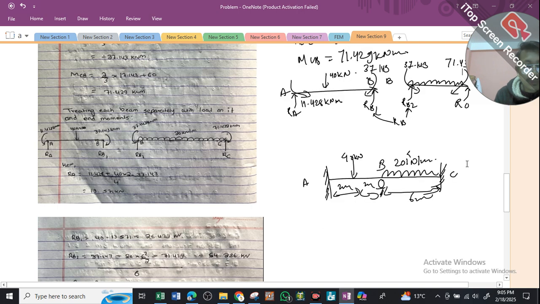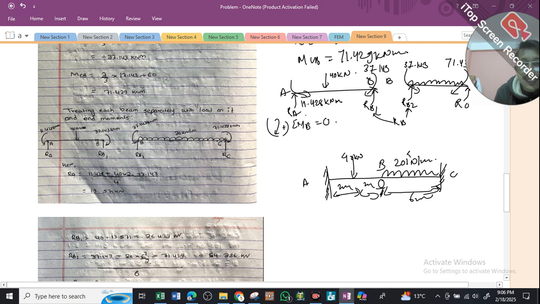In order to calculate RA, we can simply use moment. Let's find out RA first. I'm going to take clockwise moment at B equals to 0.